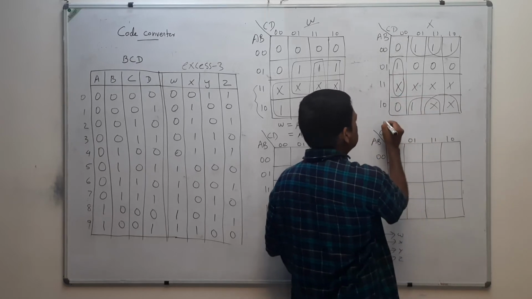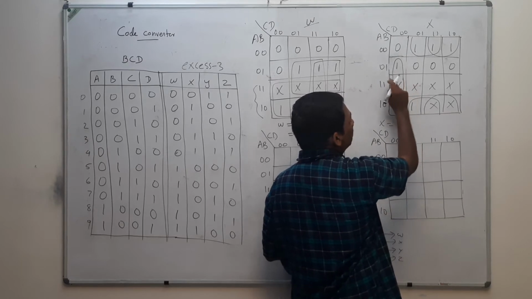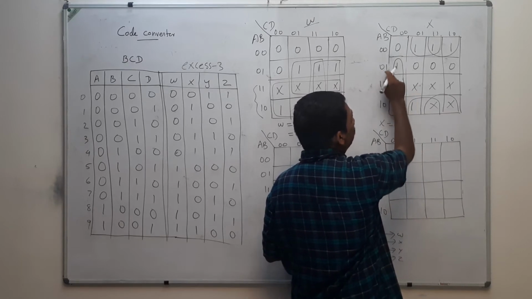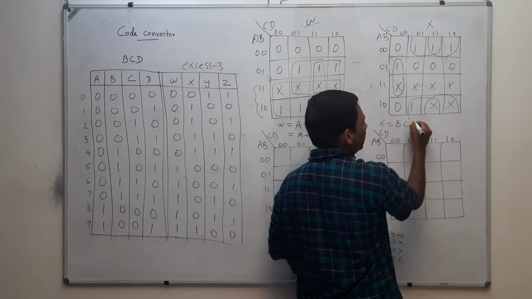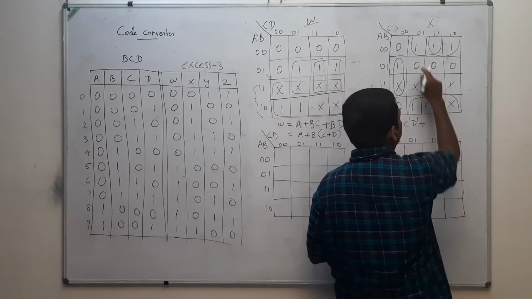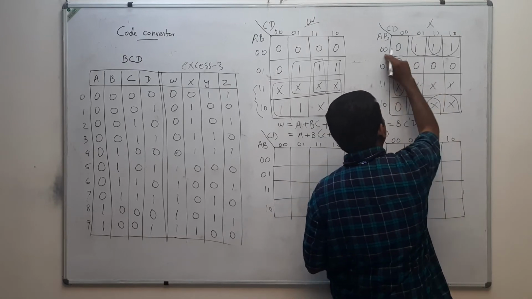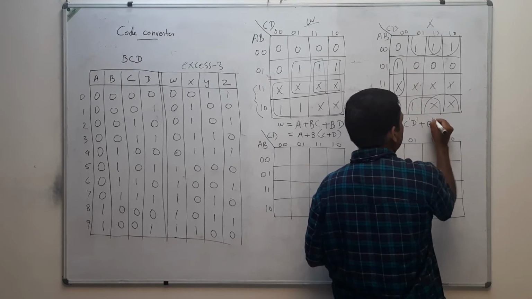Now, X is equal to, see, listen here, this is 0, 1 to 1, 1, what remains is B, and 0, 0 means C bar, D bar, plus, what is this group? From 1, 0 to 0, 0, what remains is 0, that means B bar.